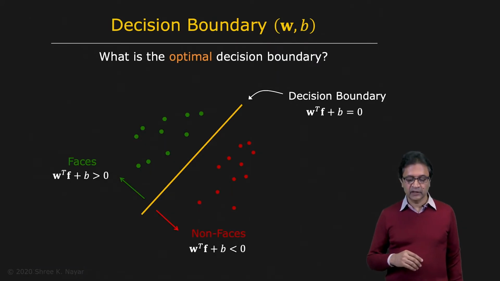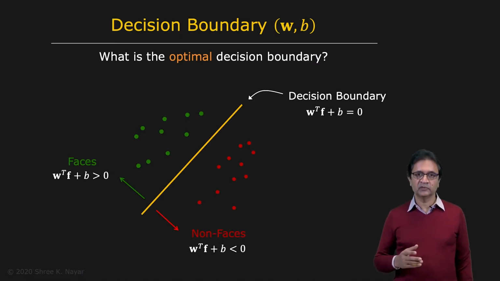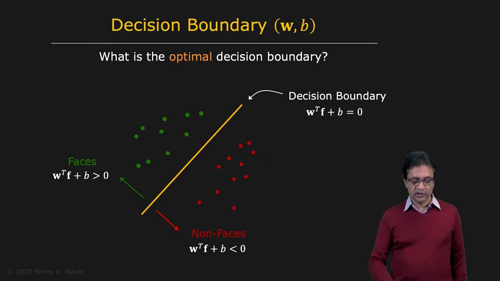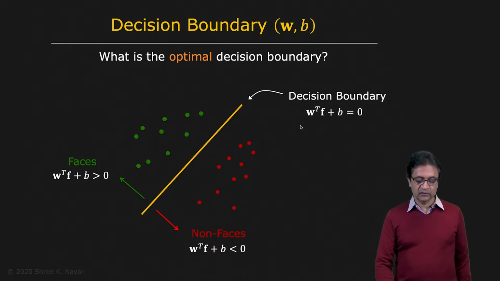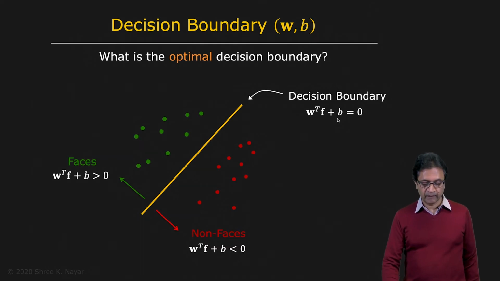So the question really is, what is the optimal decision boundary to use given these faces and given these non-faces right here? We know we're looking for a linear decision boundary, but which one is it? In other words, what are the parameters w and b?